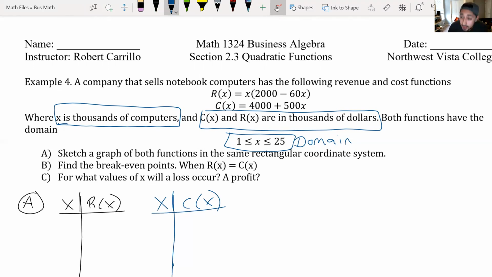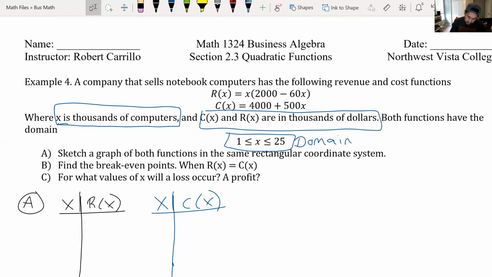And if you're wondering what x values to choose, just remember to refer to your domain. We're going to use x values from 1 to 25. So it'd probably be best to do everything by 5s, but we're going to start at 1 first. We need that 1.